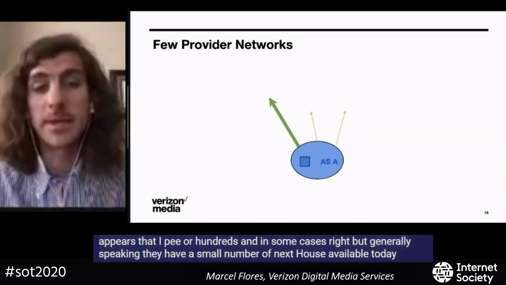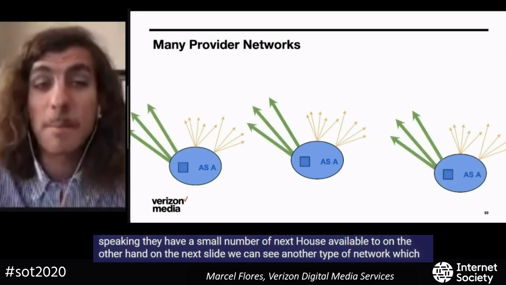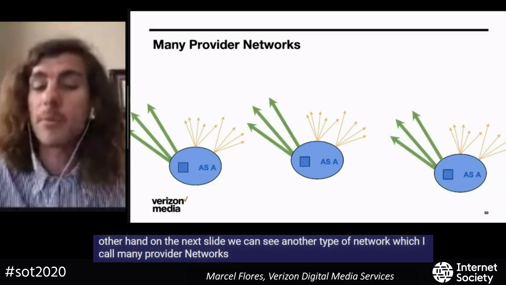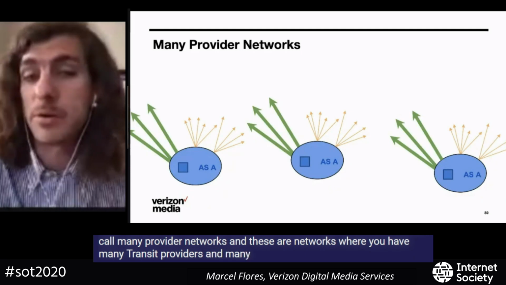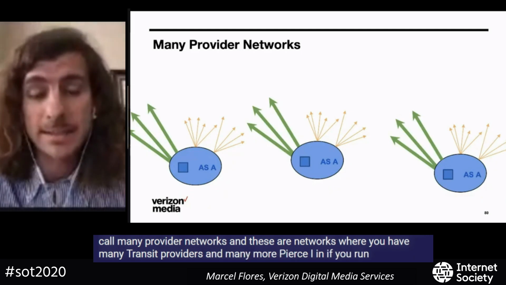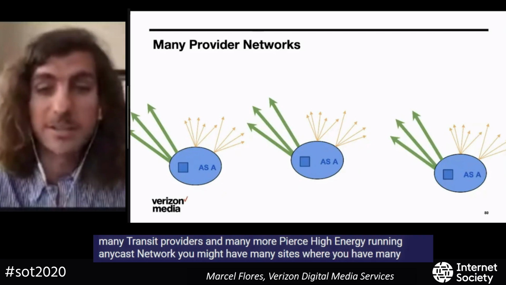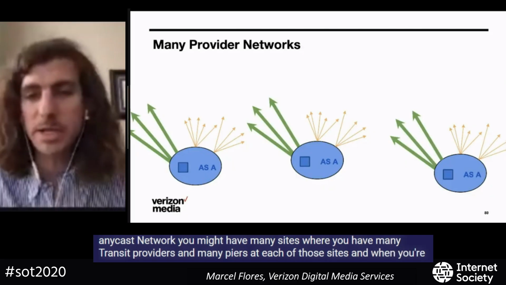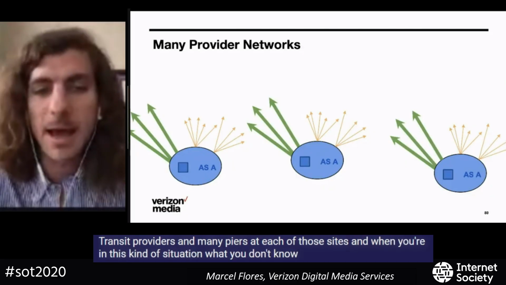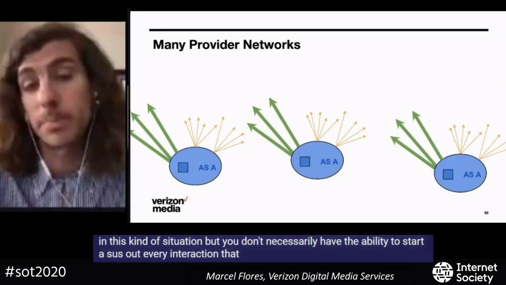On the other hand, on the next slide, we can see another type of network, which I call many provider networks. These are networks where you have many transit providers and many more peers, right? And if you run an Anycast network, you might have many sites where you have many transit providers and many peers at each of those sites. When you're in this kind of situation, you don't necessarily have the ability to suss out every interaction that'll occur between these peers.